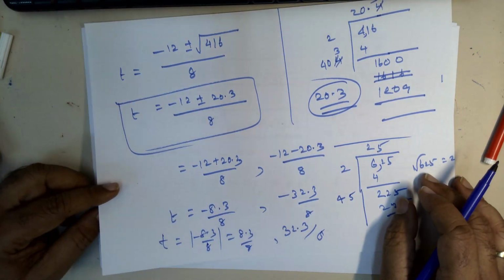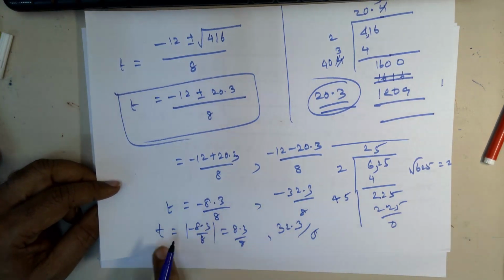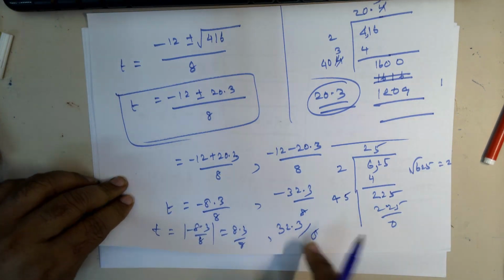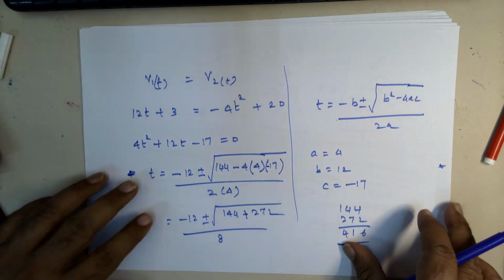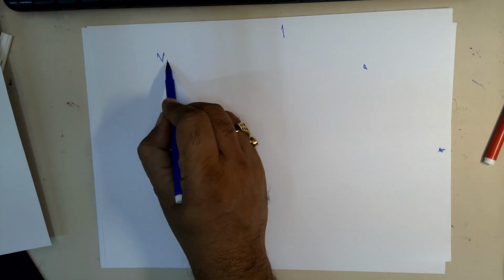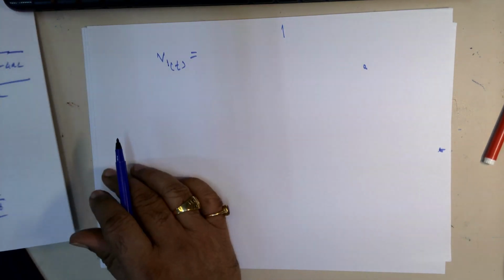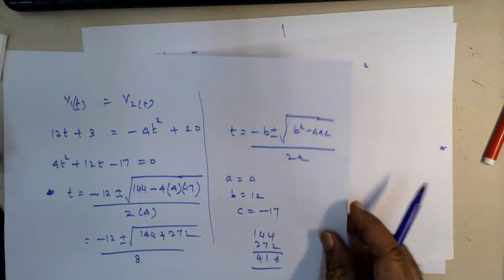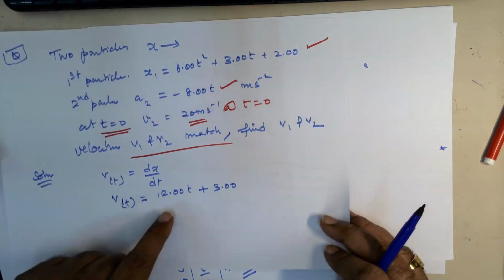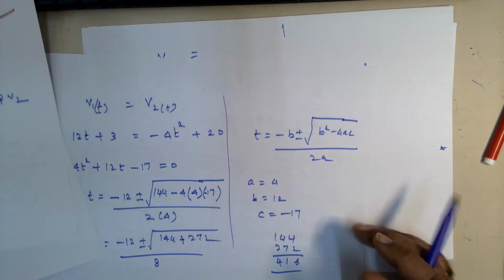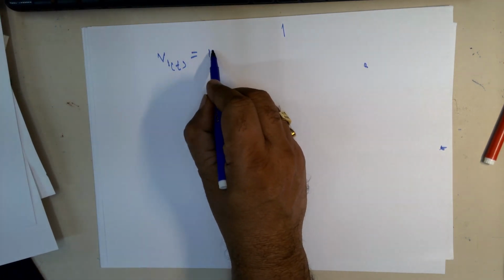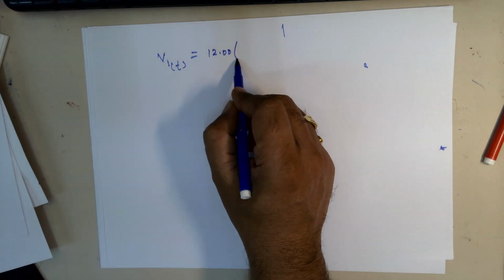You understand? Now we know the time. Based on this, what we are supposed to do is substitute these two values in your original equation. What is that original equation? V at t, take V1 at t is equal to, what is the first equation? 12 into V at t means 12.00 into what is the time?